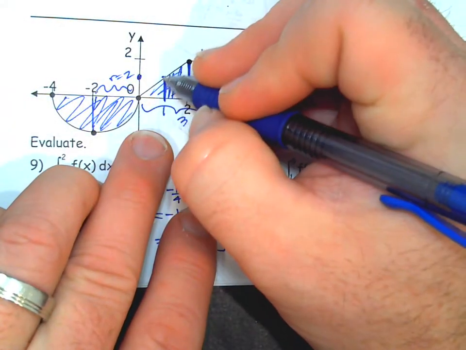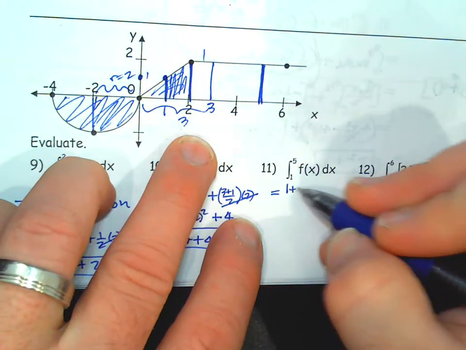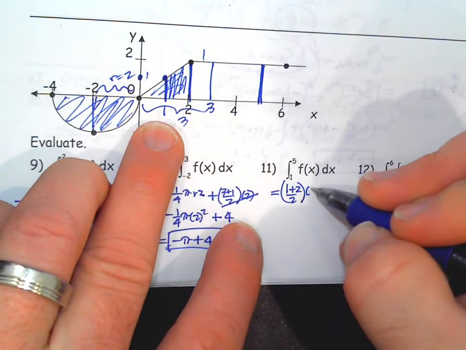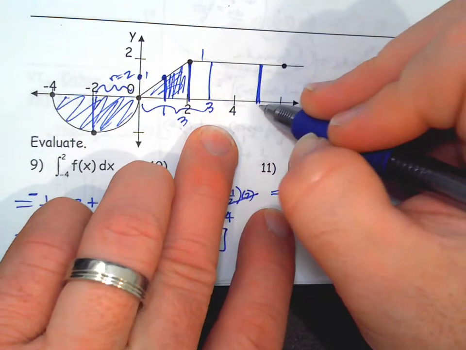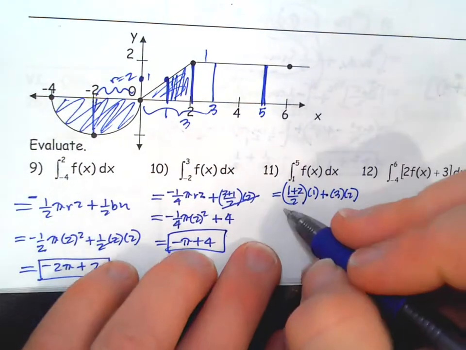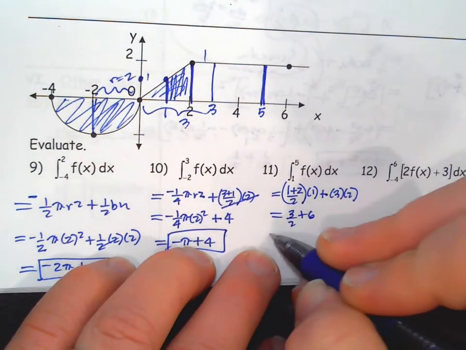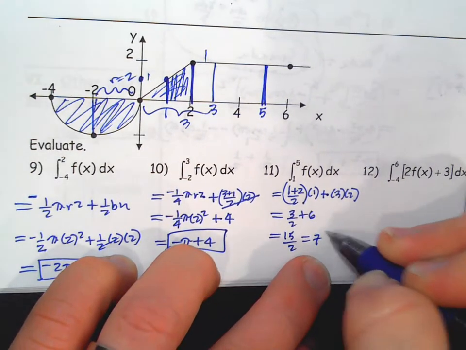Using this slope, the slope should be constant, so that should be 1. It's 1 plus 2 over 2 times the height, which is down here at the bottom, 1. And then the area of this rectangle is going to be, the base is 3 and the height is 2. So that's going to be 3/2 plus 6, which is going to be 15/2, or 7.5.